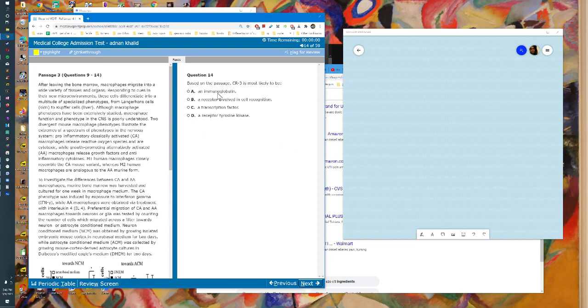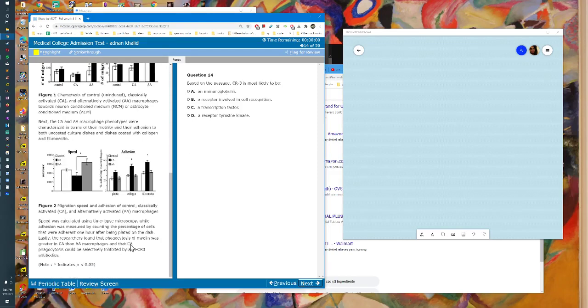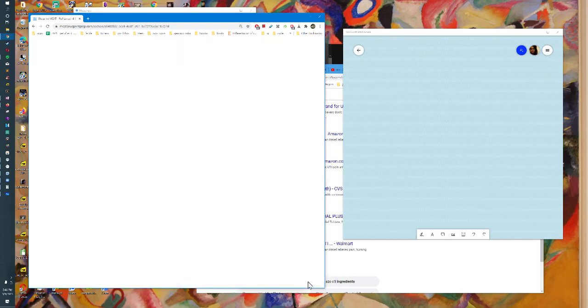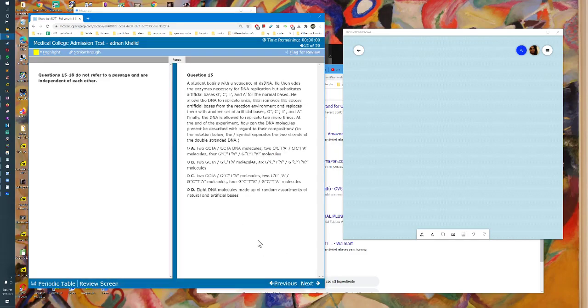Okay, well, if it's an anti-CR3 antibody, this is an antibody, so that one. Look at that. Okay.